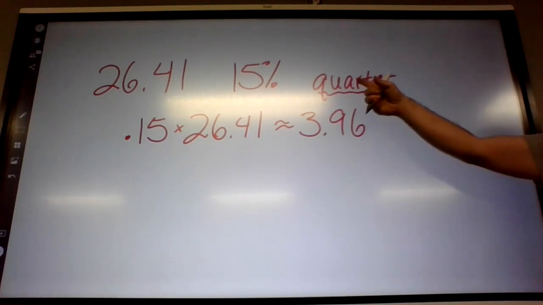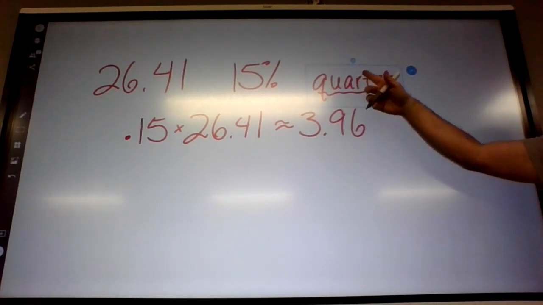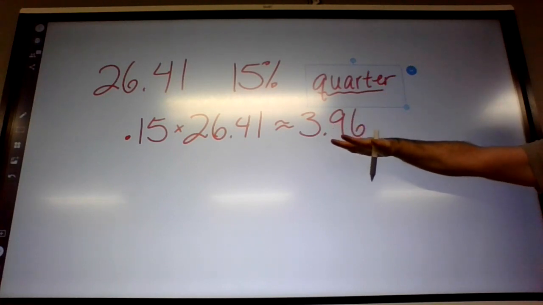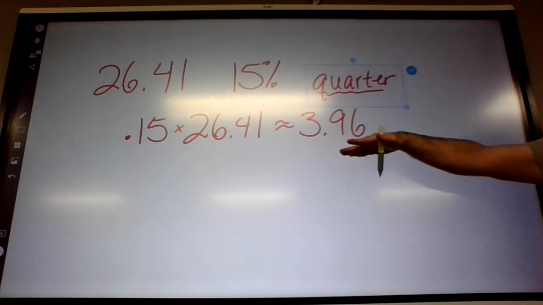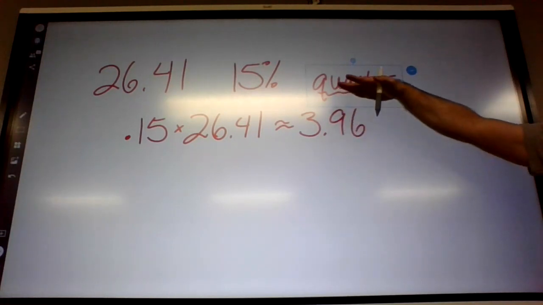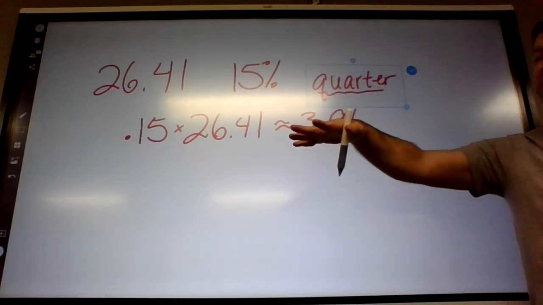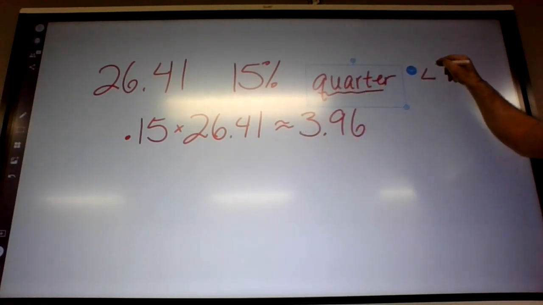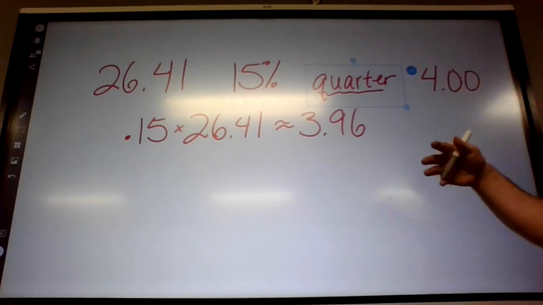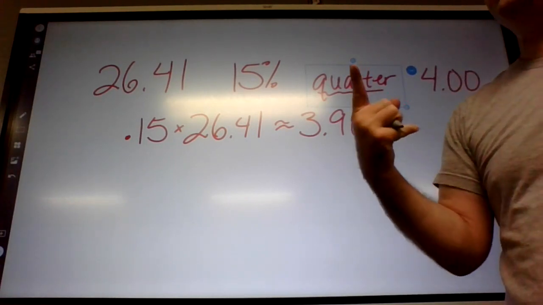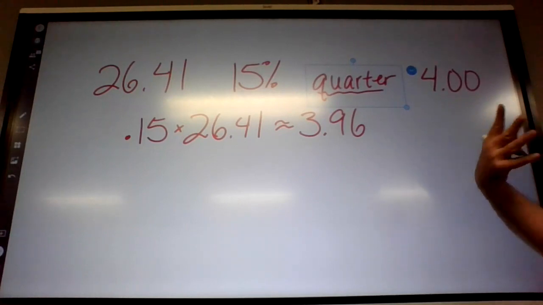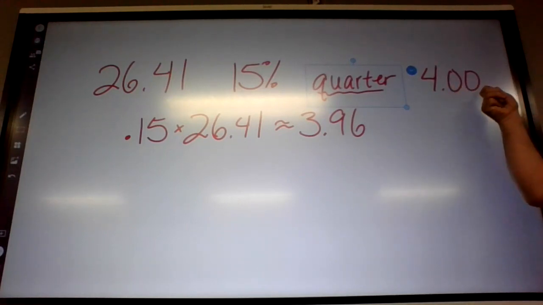But we're supposed to round up to the next quarter. So if we're paying in quarters, the number above this is $4. If you're paying with quarters, you can pay 25, 50, 75, or an even dollar.